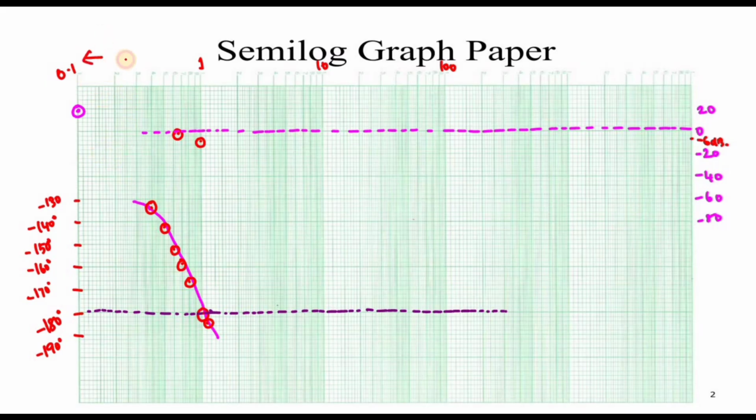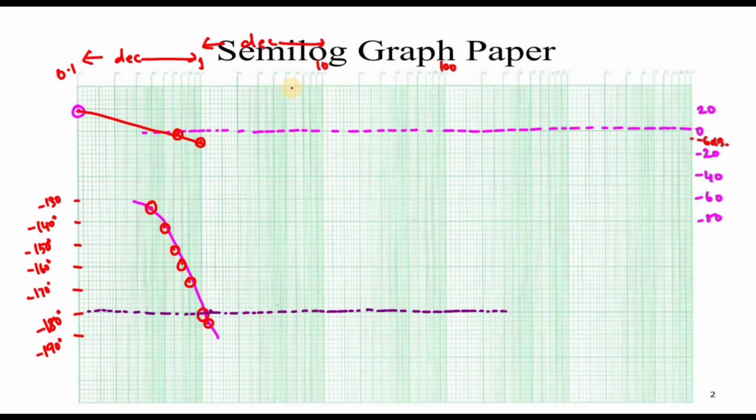So this represents a decade, right? Decade means 10 times the value. 10 times 0.1 is 1. So the slope is minus 20 dB from 0.1 to 1. So you connect this. After 1, you have to make minus 60 dB. This is in another decade.